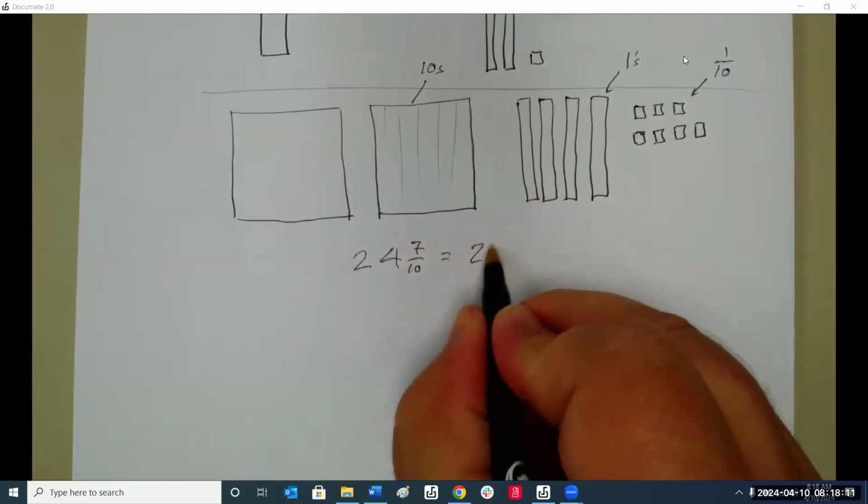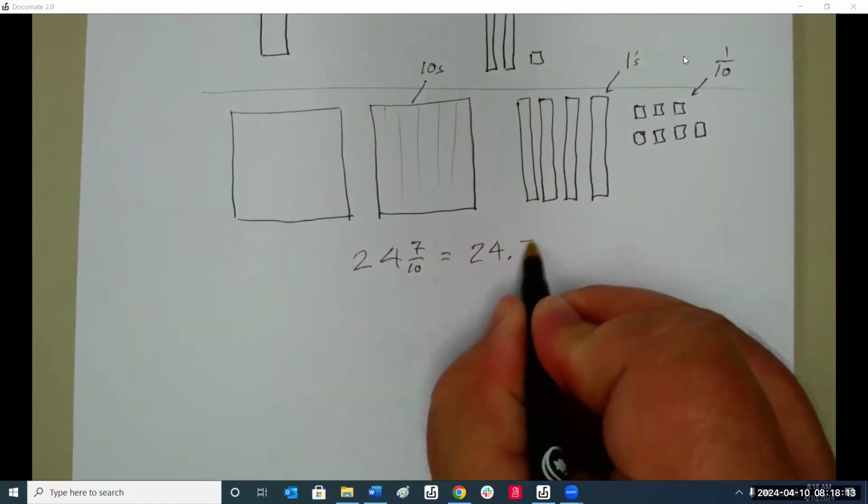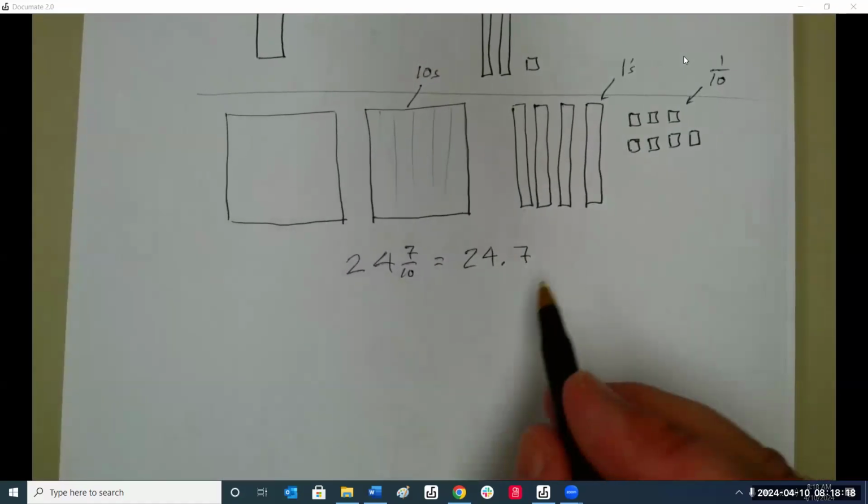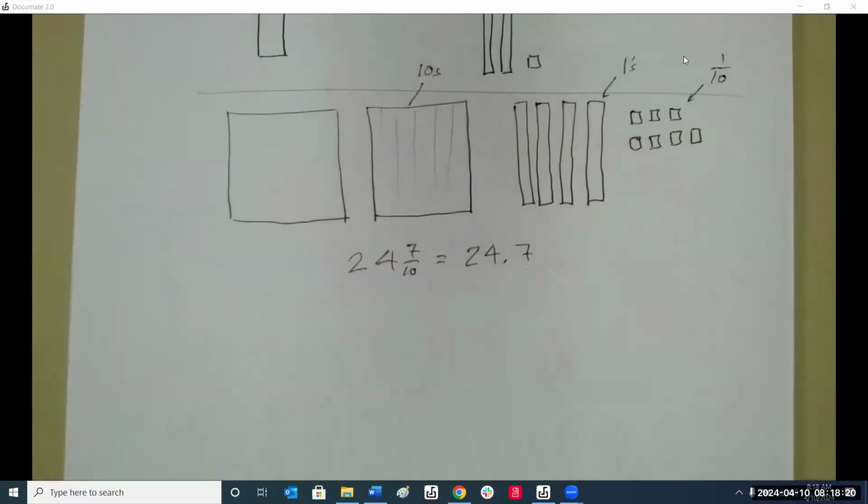Yeah, because then we can convert those to decimals. Once we introduce them, each decimal place represents another one of those.